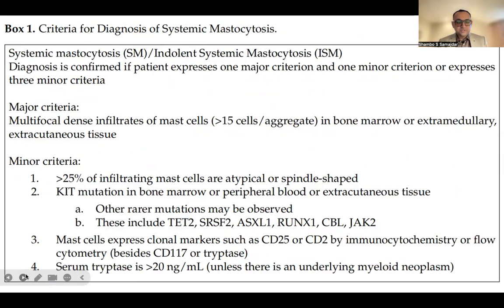This is the criteria for diagnosis of systemic mastocytosis.